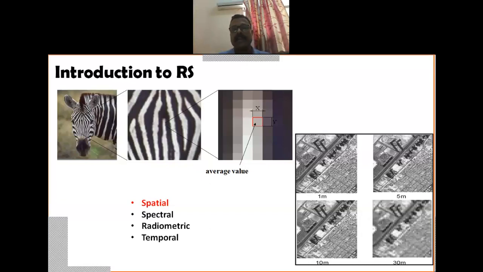Within that pixel you have one piece of information, one average value. The next pixel is another tile. The moment you cross the boundary of one pixel to another, this value changes, but within the pixel, this value remains the same. It is like dealing with grids, with columns and rows.